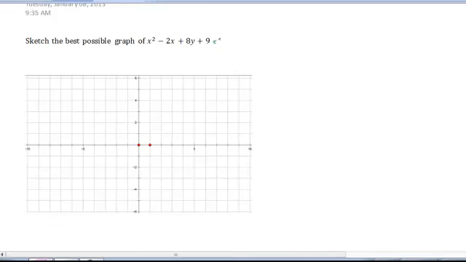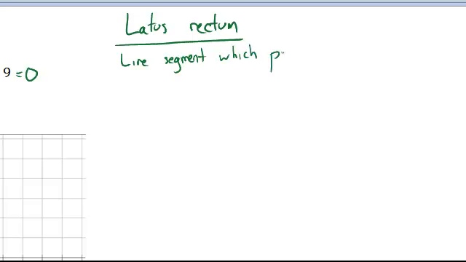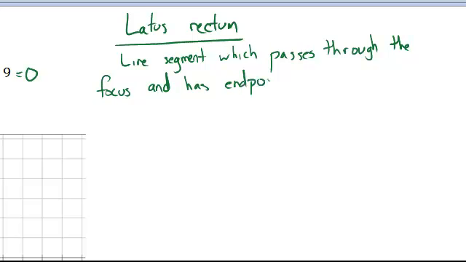Okay, so we're back for me to demonstrate another example to you. In this example, I'm also going to include an additional piece of information, and that's to talk about what we mean by the latus rectum, which is a line segment which passes through the focus and has endpoints on the conic section.